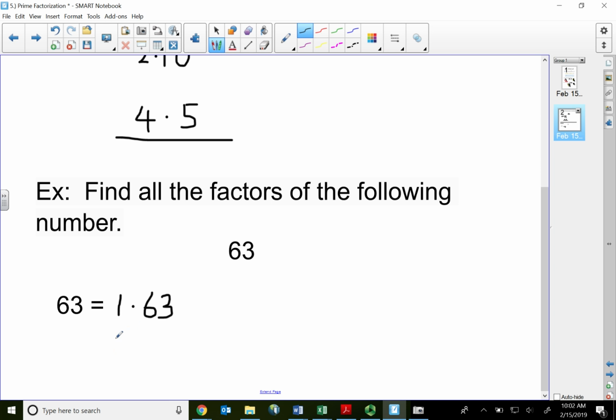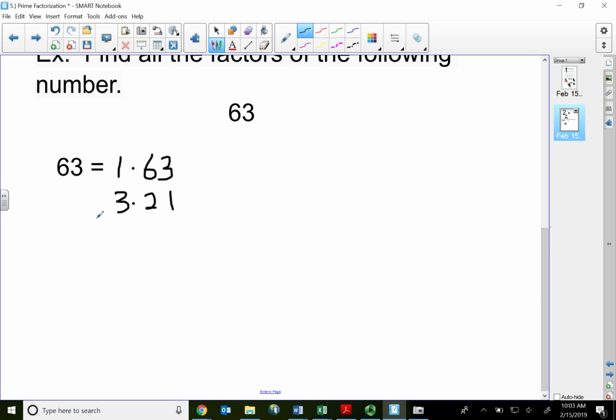I know 2 cannot go into 63 by the divisibility by 2. Earlier we saw 3 can go into 63 21 times. 4 cannot go into 63 because earlier in the divisibility video, I showed you 4 can go into 64, so it cannot really go into 63. 5 cannot go into 63 because it does not end in 0 or 5.